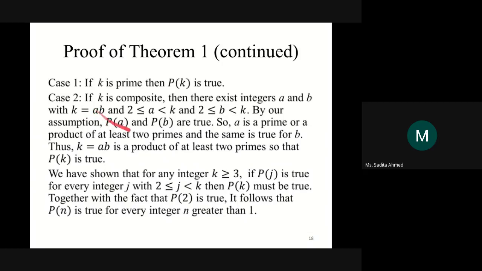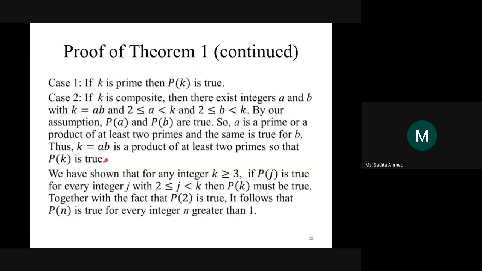So if k is a composite, k is a product of at least two primes, or more if a and b themselves are products of primes. So pk is true.